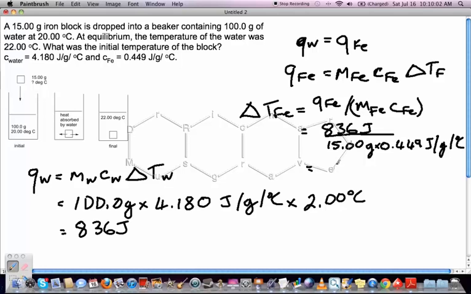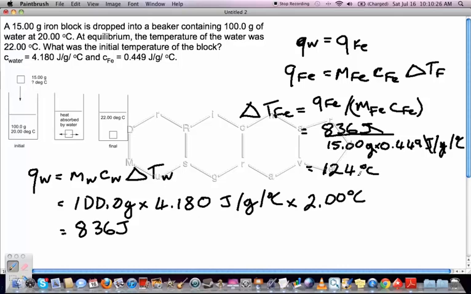So for change in temperature now, you see that the joules will cancel, the grams will cancel, and the degrees Celsius will be on top now. And that comes out to be 124 degrees. So what does this represent? This represents the change in temperature of the iron.